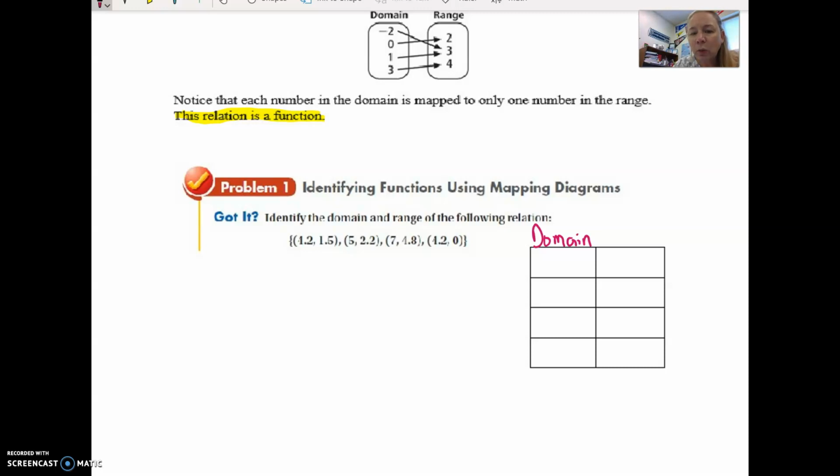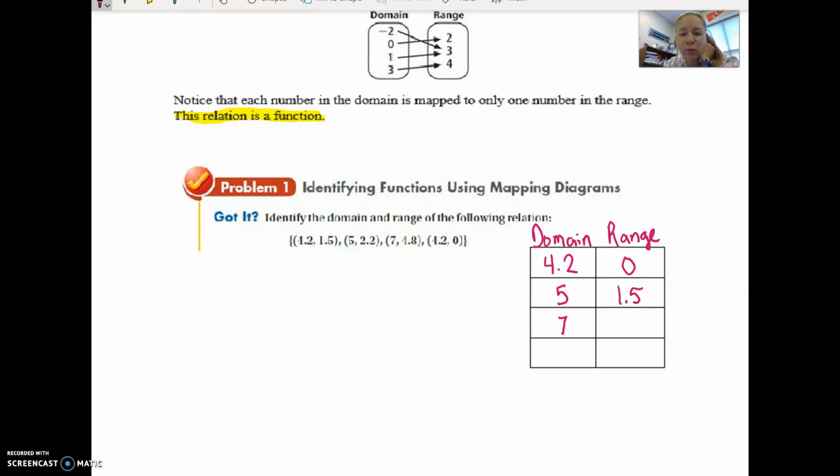I only need to write it once, so if it repeats itself, I only write it one time, because there's two that are 4.2, and then we have 5 and 7. Then I'm going to list all of my range values here, and I just put them in order. So 0, then we have 1.5.